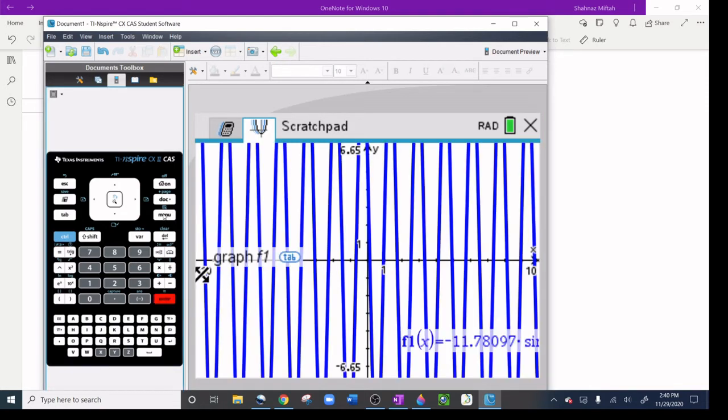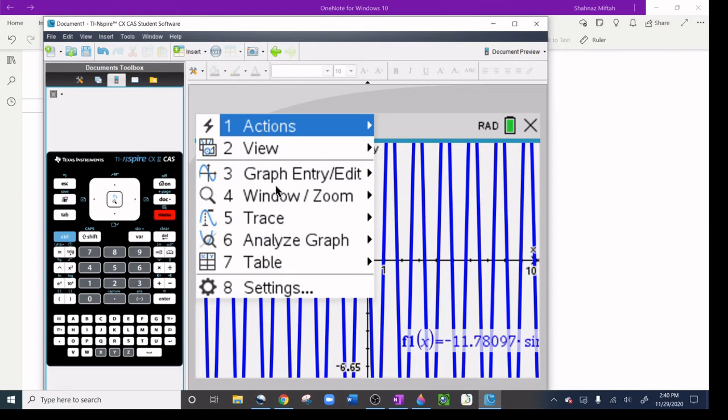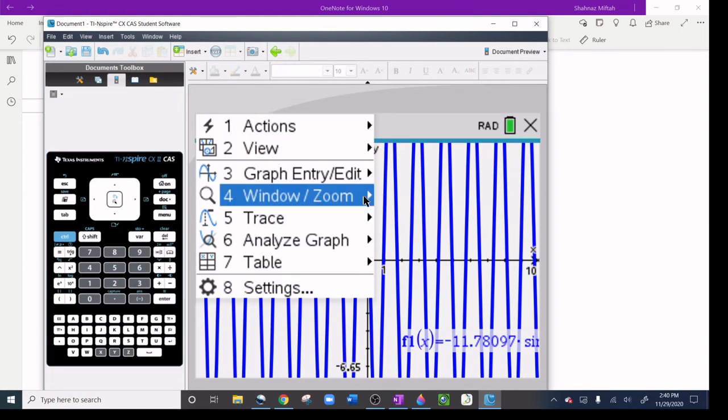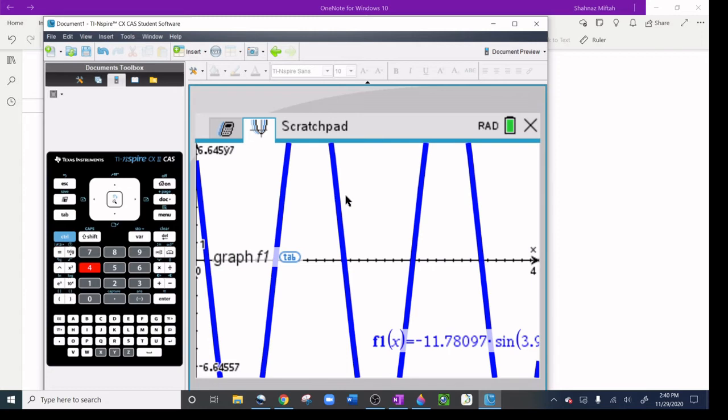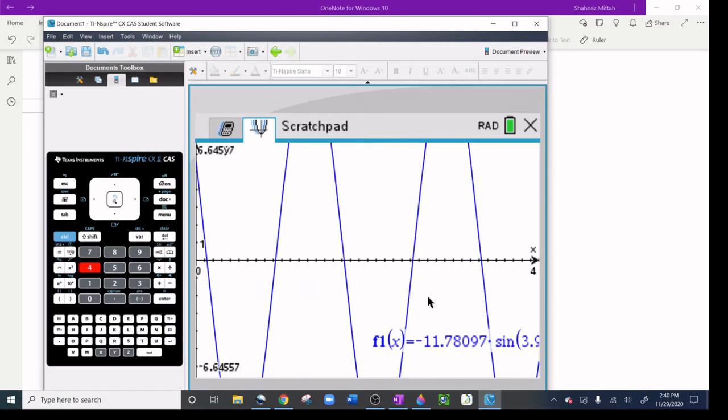And this is the graph, but I have to change my window. My window has to be between 0 and 4. That's 0. This one has to be 4. And this is how the graph looks. So this is exactly how I'm going to draw it on my graph.